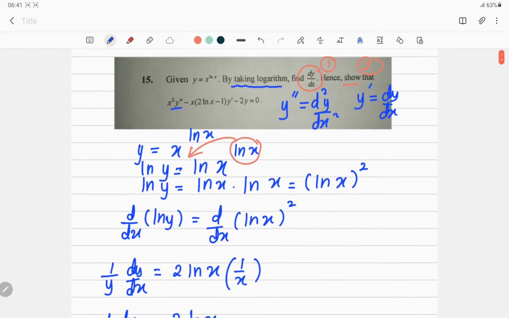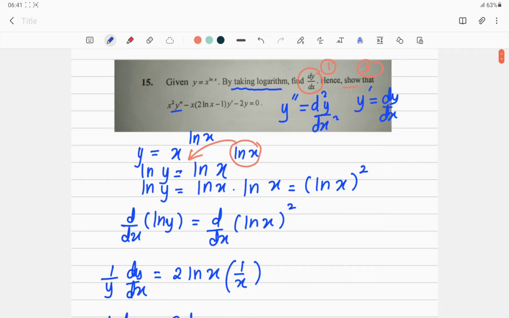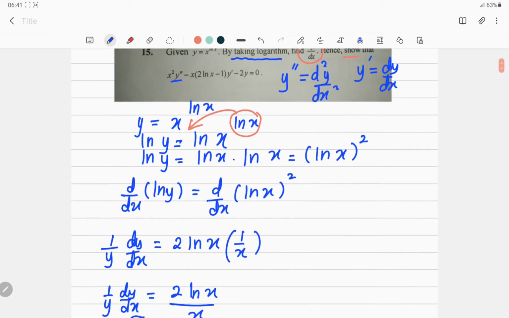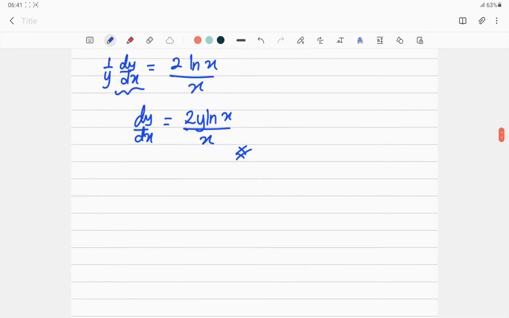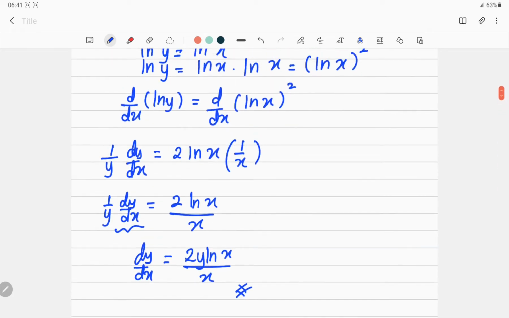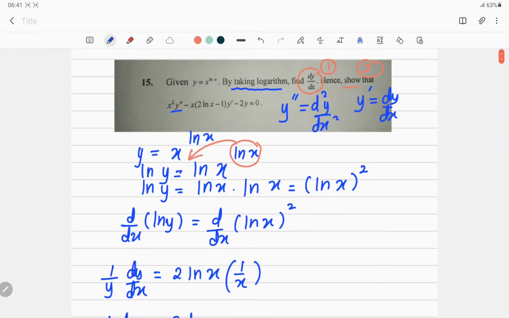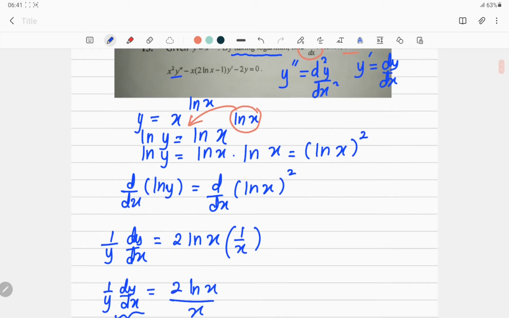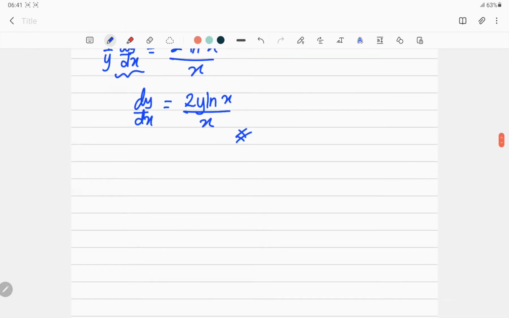Now we focus on the second question. Hence, show that x squared y double prime minus x(2 ln x minus 1) y prime minus 2y equal to 0. We have to use the answer that we got previously, dy/dx equal to 2y ln x over x, to proceed so that we can show this equation equal to 0.